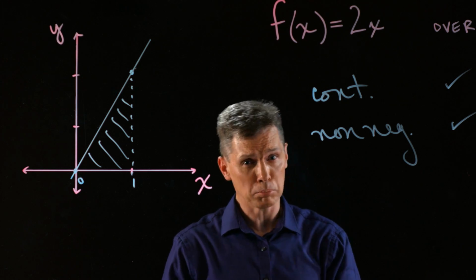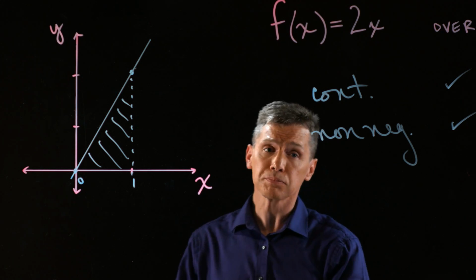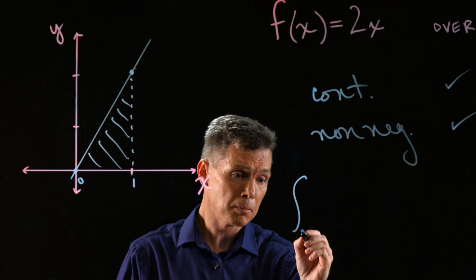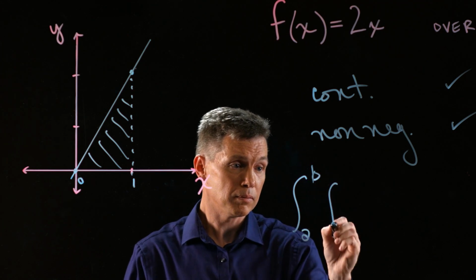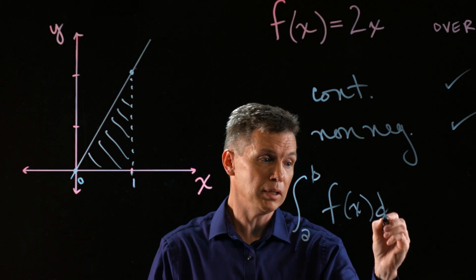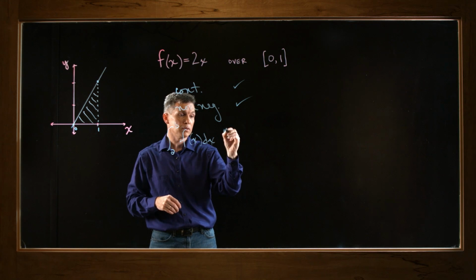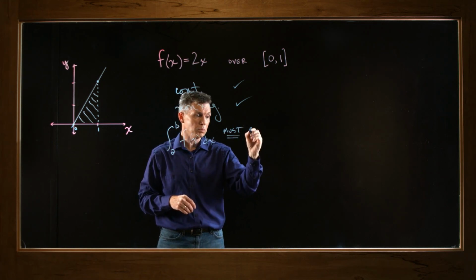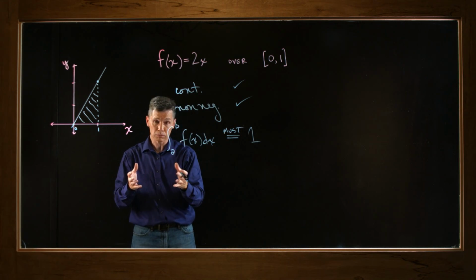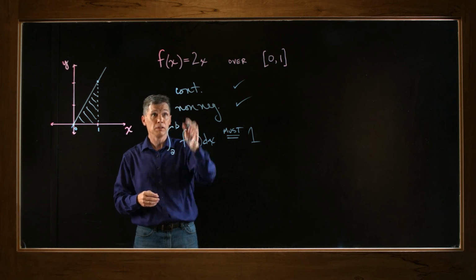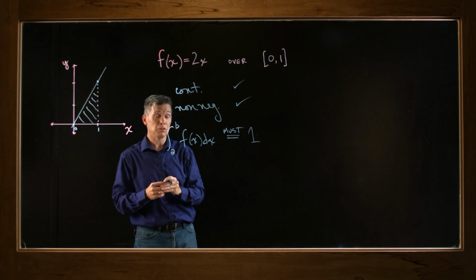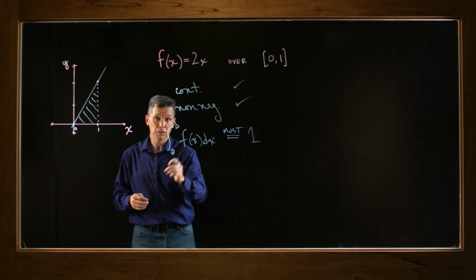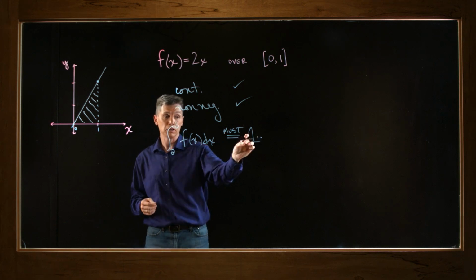A third thing to check then is that integral. It's really the heart of the problem for this type of problem. What we need is the integral from a to b of f of x dx, and it must equal 1. So we're challenged with checking that. They give us the function, they give us the interval. We just have to do the mechanics of an integral and see if our answer is 1.